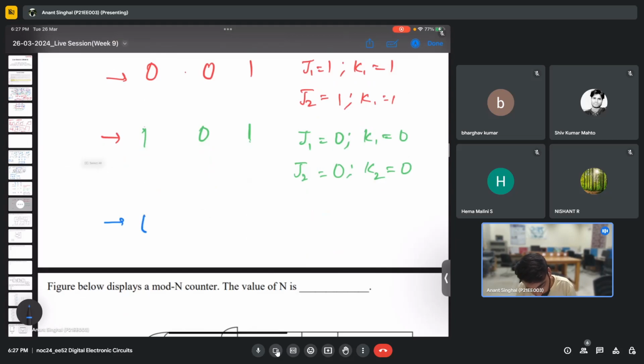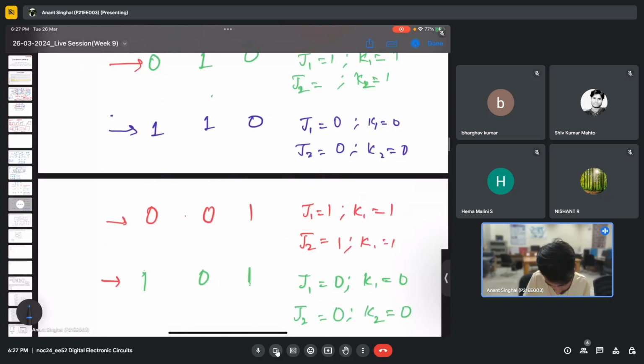Now it will again toggle. J1 is Q naught Q2, so it is 0. K1 is Q naught, so this is 1, so it will become 0. And J2 is Q1 Q naught, so it is 0, and K2 is again 1. Okay, so we have reached the initial state again, I guess.